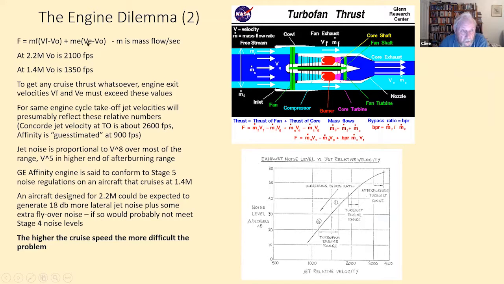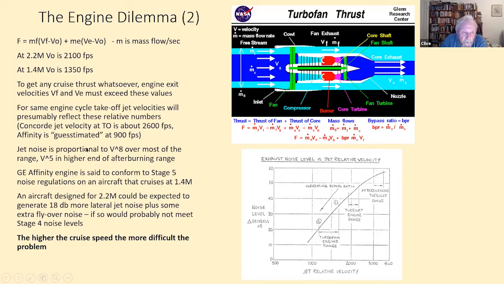Just looking at that equation, if you're going to get any cruise thrust, the engine exit velocity has got to be bigger than that. Now, presumably, for the same engine cycle, the takeoff jet velocities will reflect the relative numbers that you have to have for cruise. Concorde jet velocity, just for the record, is about 2600, and I'm guessing the affinity is maybe about 900.